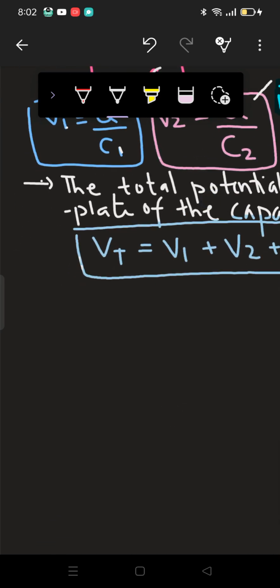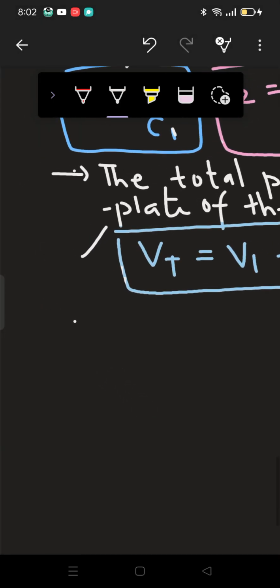So now basically I need to give you guys the concept of the equivalent capacitor here, right? Now the equivalent capacitor is nothing, then we will continue this equation now.